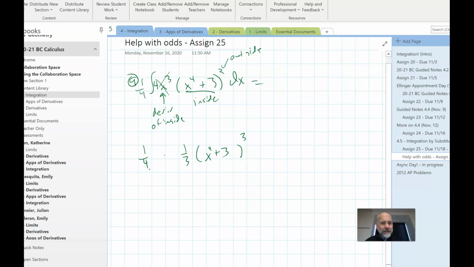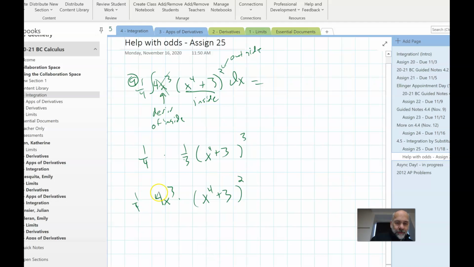If you're wondering why does that work, imagine taking the derivative of this thing. You'd multiply the 3 down, so that would cancel out the 1/3. You'd drop the exponent by 1, so it'd be squared. You'd leave the inside alone, times the derivative of the inside because of chain rule, and that would cancel out with the 1/4 I have there.